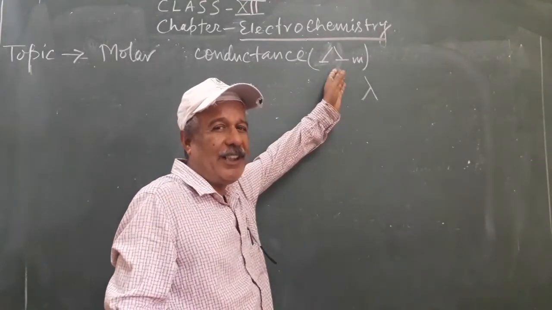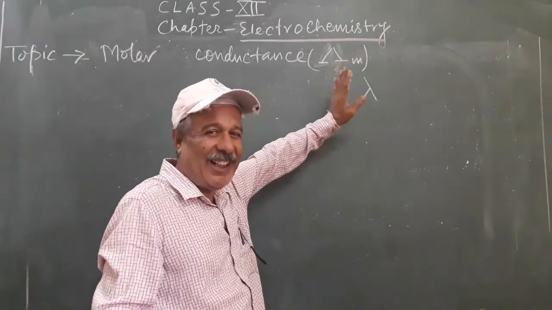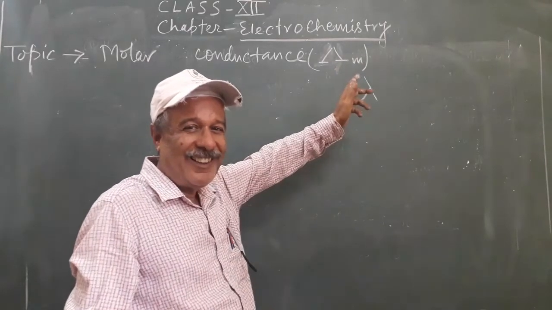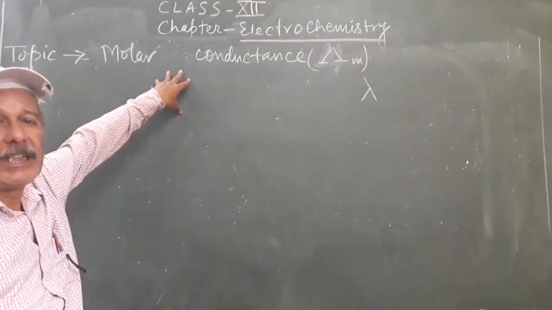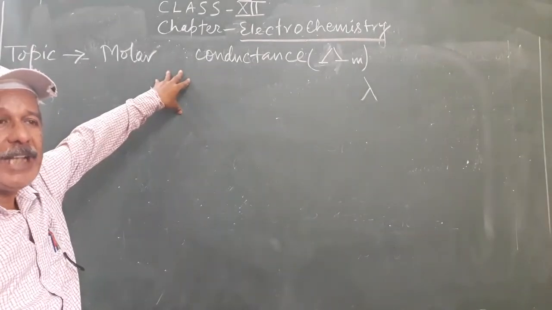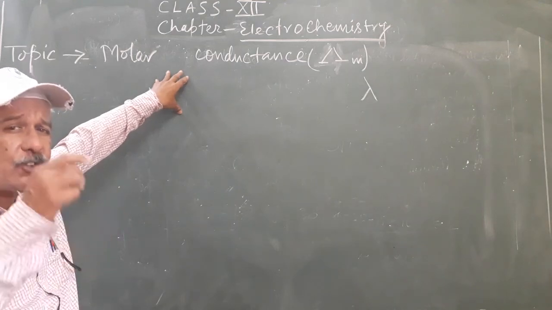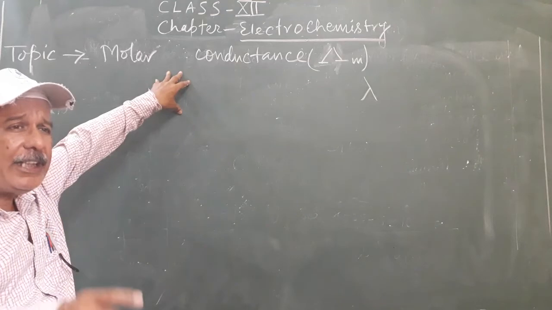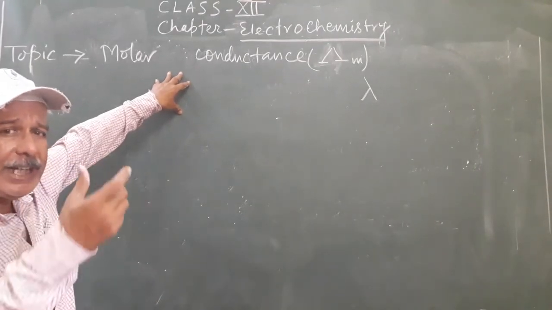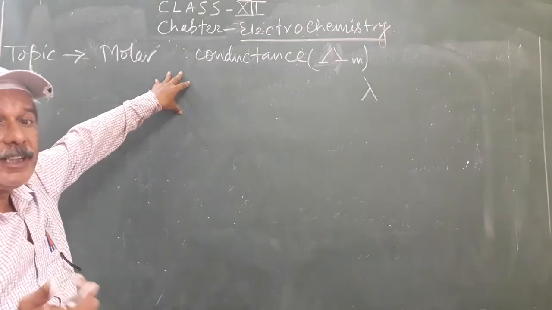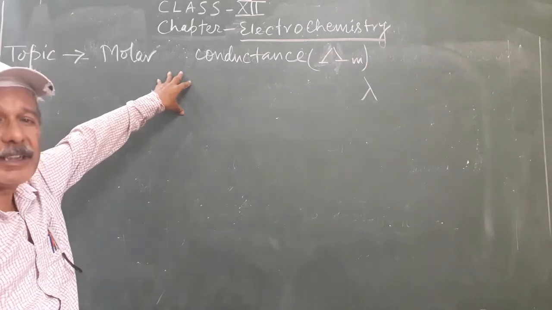Actually, this is also lambda. Difference is it is small lambda and it is capital lambda. Okay, no problem. Then come to the term molar conductance. Actually, we have an electrolytic solution in our hand. So suppose we have a solution in which 1 mole of electrolyte is dissolved, and that is giving conductance, that is known as molar conductance.